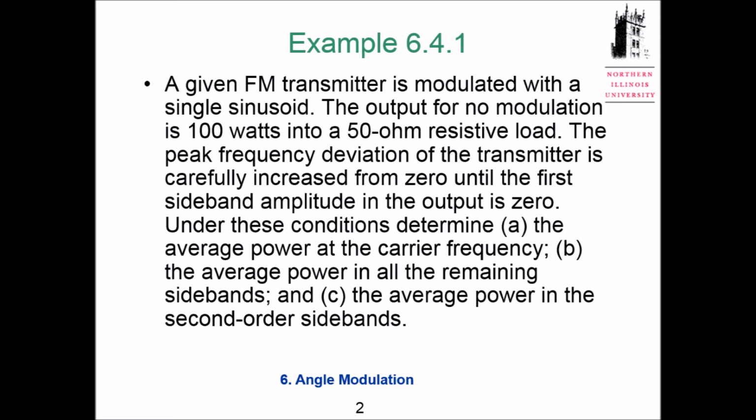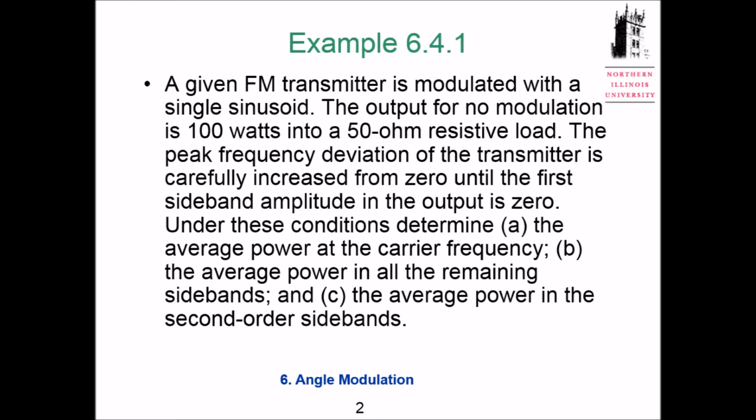The sinusoid is my message. The output for no modulation is 100 watt into a 50 ohm resistor load. So the output means the total power. The total power is 100 watt, equivalent to a 50 ohm resistor load.